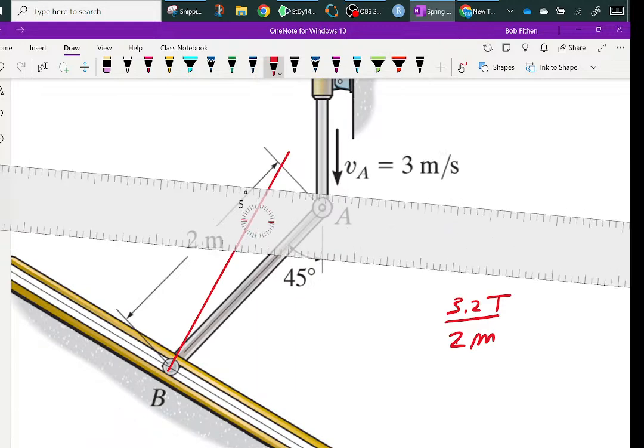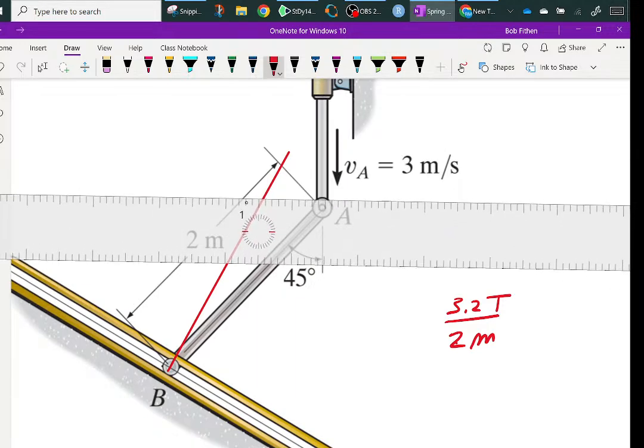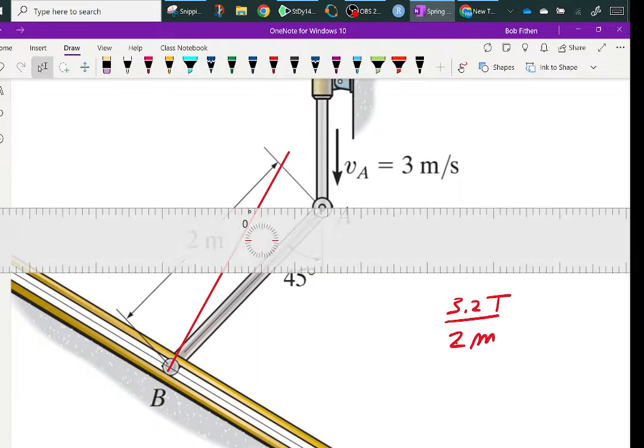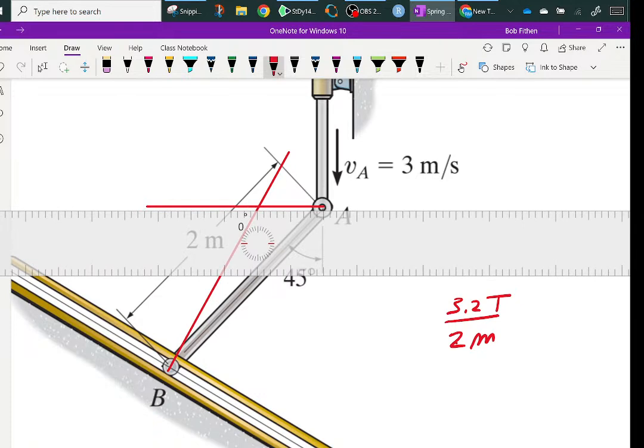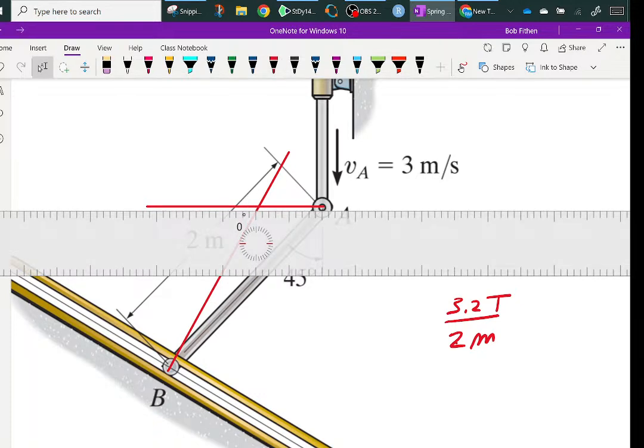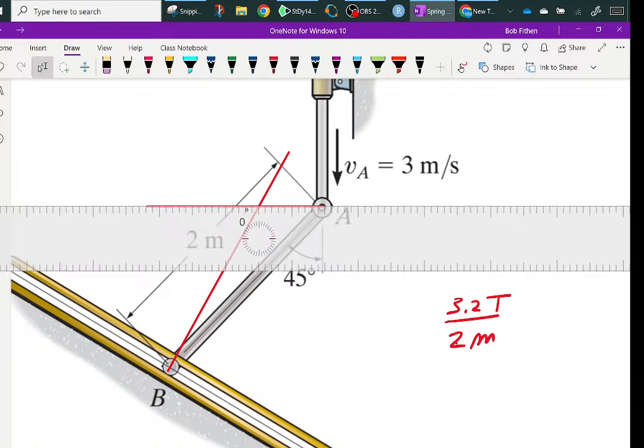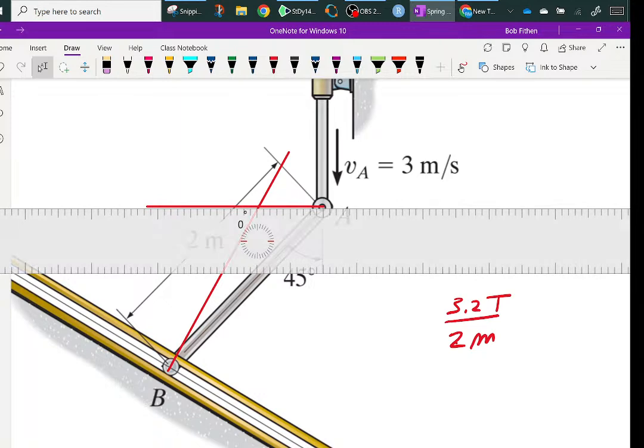Then 0, and I'm going to go to right there. Now what I'm about to do is fake it, meaning I'm going to get an approximate answer. I line this thing up, and wow, that looks almost exactly like 1 tick. In other words, 3.2 is exactly the distance of 1.